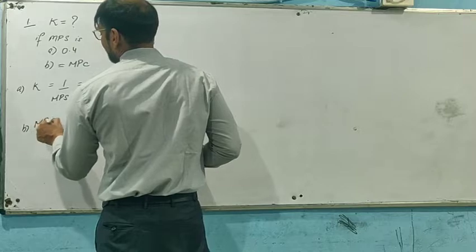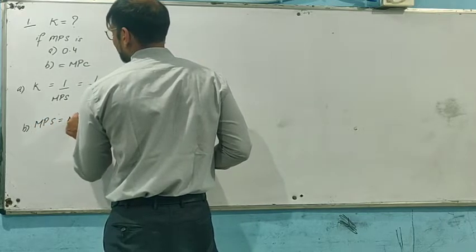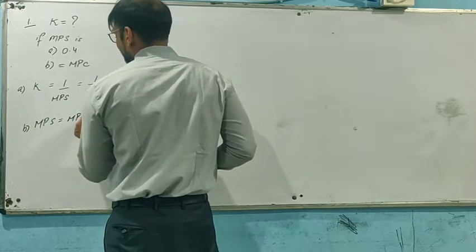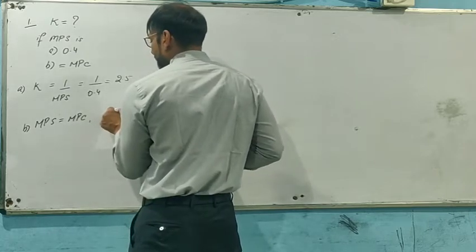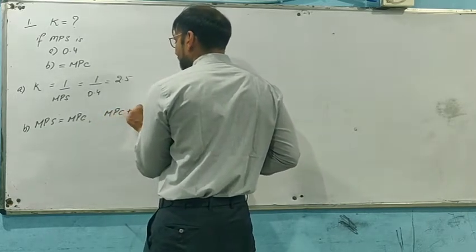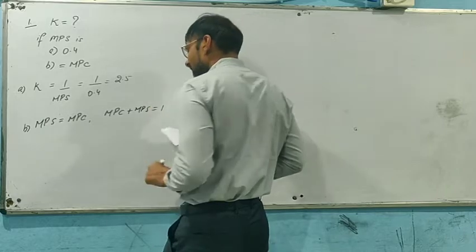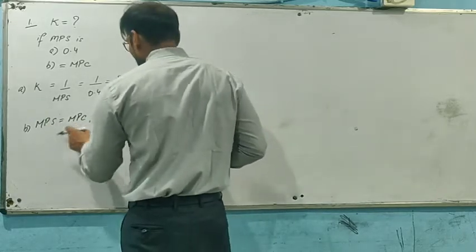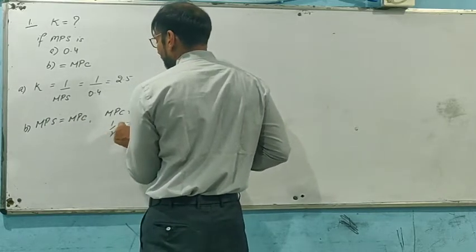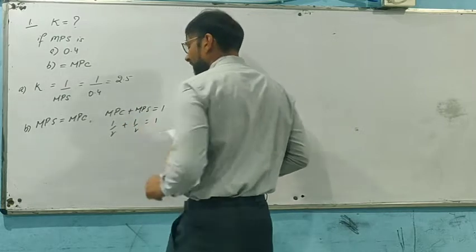Now what we can say in the case of B, where MPS is equal to MPC, what does this indicate? MPC plus MPS equals to 1, and if both are equal, it means both must be half and half to make it 1.